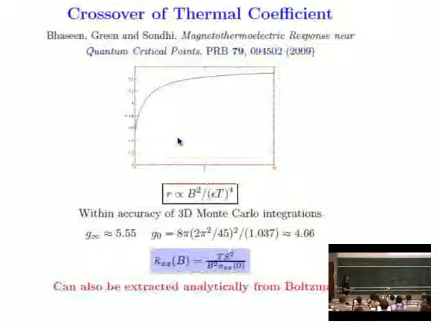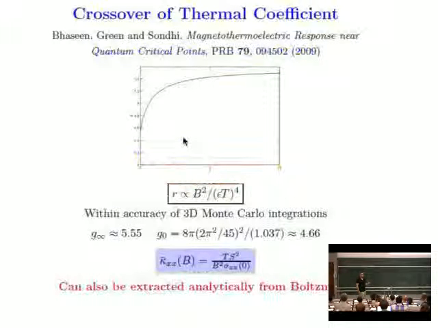What this is basically saying is, in much the same way that there was a crossover between a collisionless regime and a collision-dominated regime within the frequency-dependent conductivity, here the issue is that you're in a finite magnetic field, so your particles are executing some cyclotron orbits, and you want to make sure the particles experience a lot of collisions during the time period of a typical thermal carrier executing a cyclotron orbit.